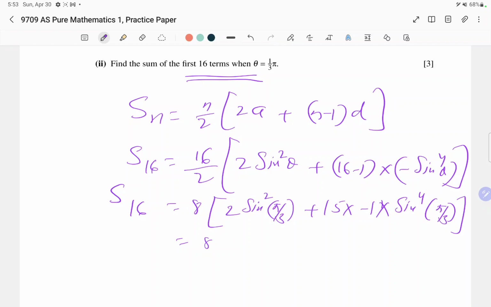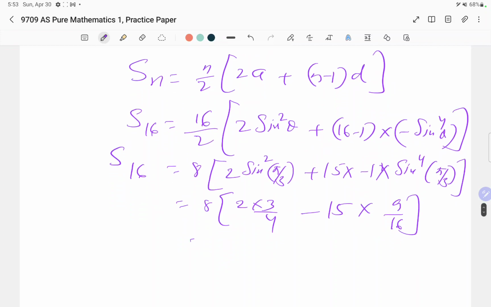Now just use the calculator. So 8 times 2 sine square pi by 3, where sine pi by 3 is root 3 by 2, so it's 3 by 4, and minus 15 times 9 by 16. Okay, now I will use the calculator.